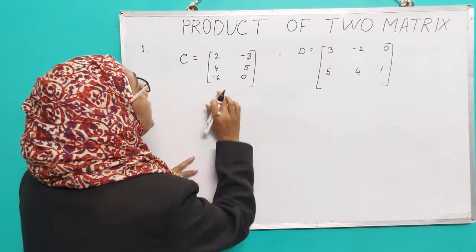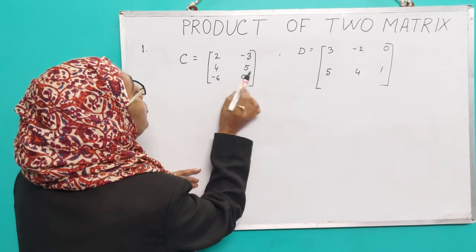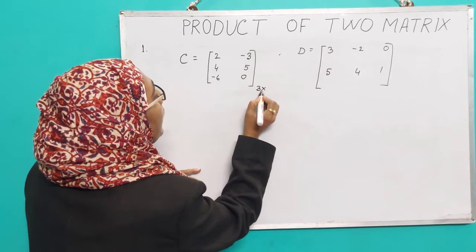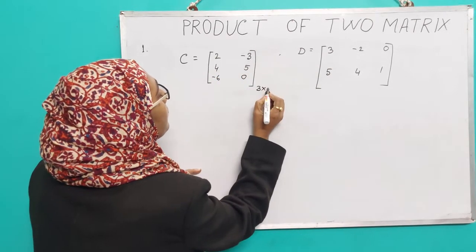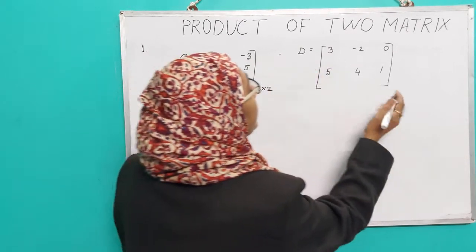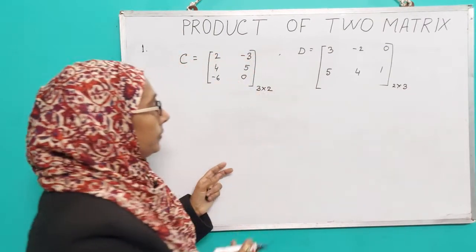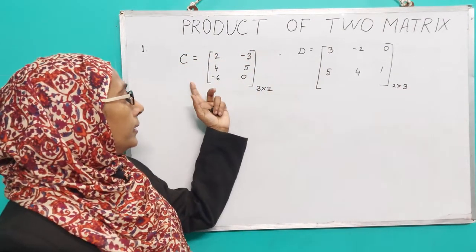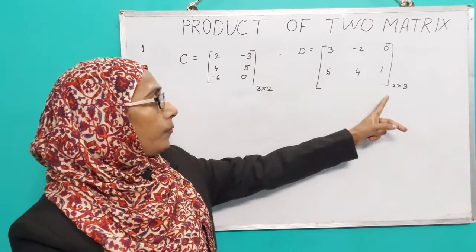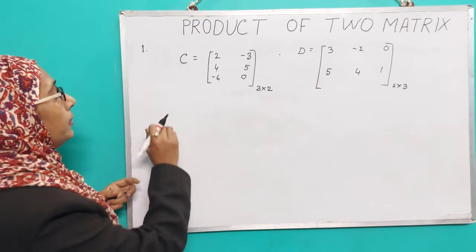Then the order of C: number of rows is 1, 2, 3 and number of columns is 2. Therefore, C is a 3 by 2 matrix and D is a 2 by 3 matrix. So the number of columns in C is equal to the number of rows in D. Therefore, C and D are conformable for product.